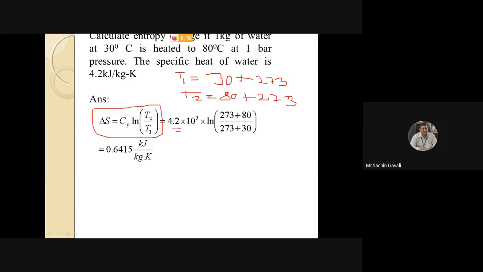So it is equal to ln of (273 plus 80) divided by (273 plus 30). So you can get the answer as 0.6415 kilojoule per kg Kelvin.